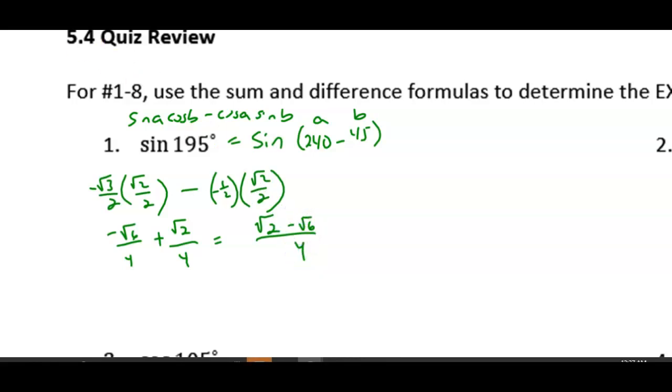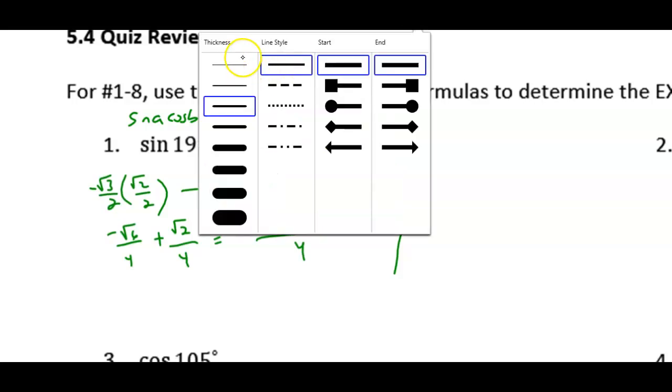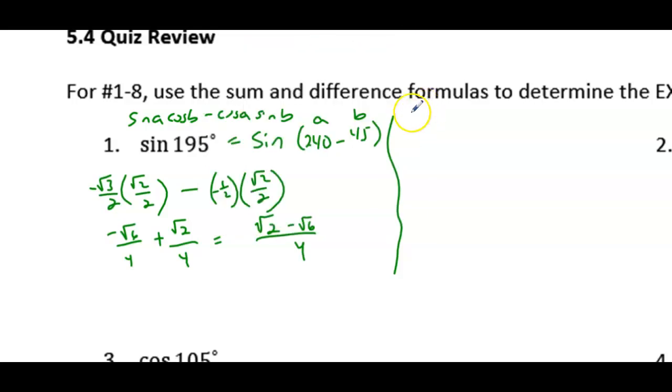Alright. And again, you could have done a number of things. Like you could have done sine of 150 plus 45, and you still would have got the same thing.